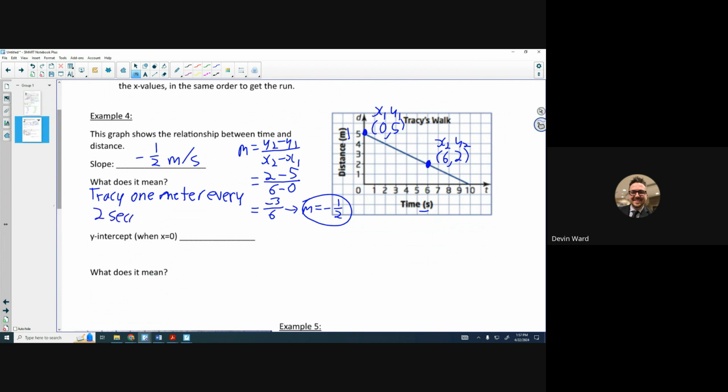So that's why I like it more as a fraction, because I can clearly see that it is 1 meter every 2 seconds. Those are my units right here. Okay, so everything matches up.